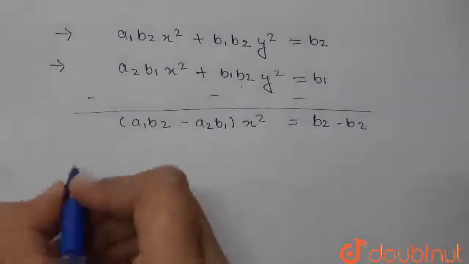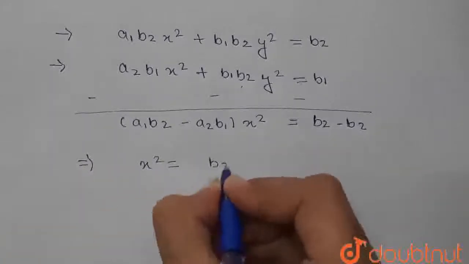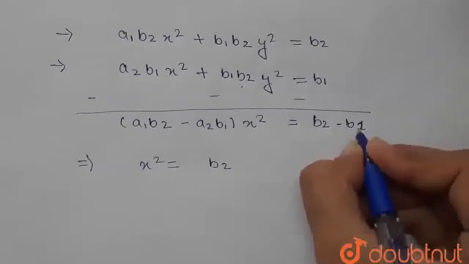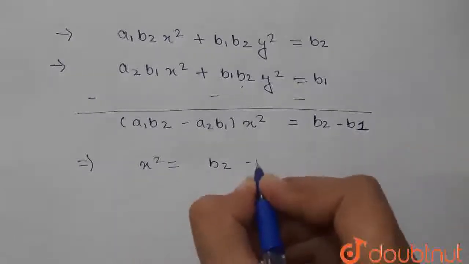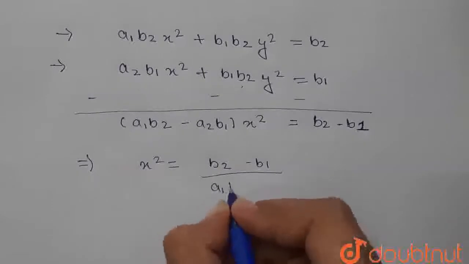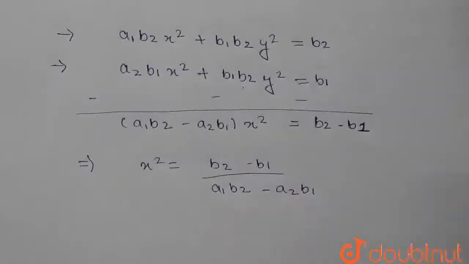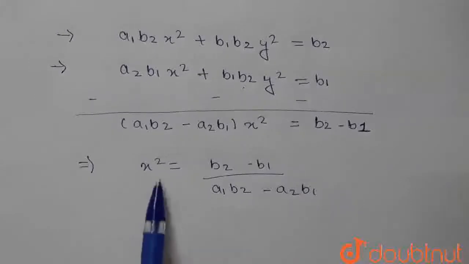So the value for x square will be b2 minus b1 divided by a1 b2 minus a2 b1. Till now we have got the value for x square.